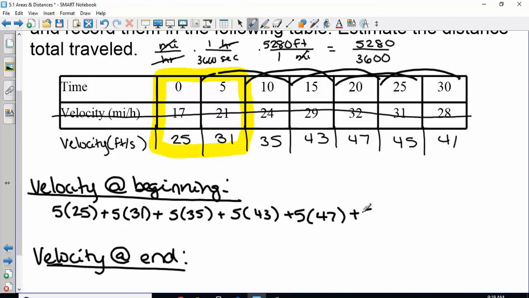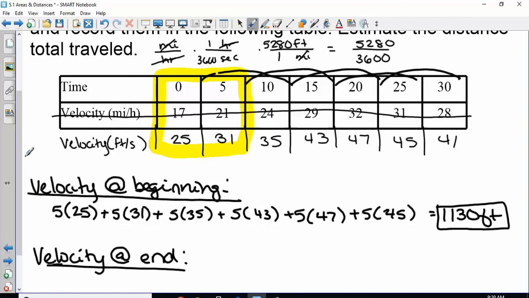And between 25 and 30, we could assume the 45 the entire time. So if I just base everything on the speed at the beginning of that time frame, we would estimate that we traveled 1,130 feet.